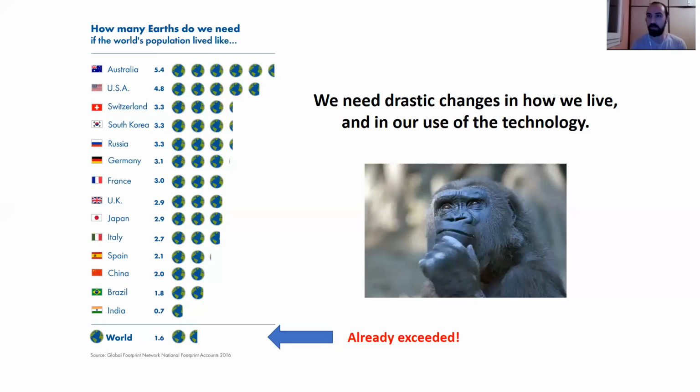These indicators take into account agriculture, how much they eat, what kind of food they eat, and what they burn.